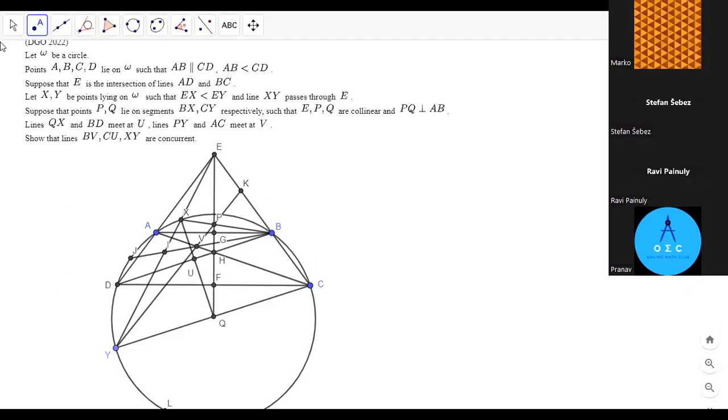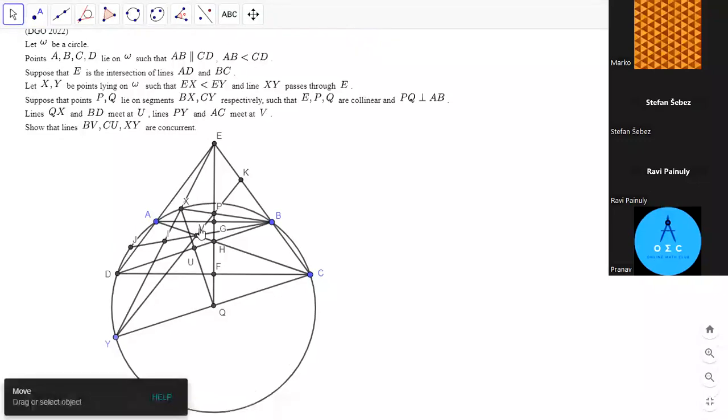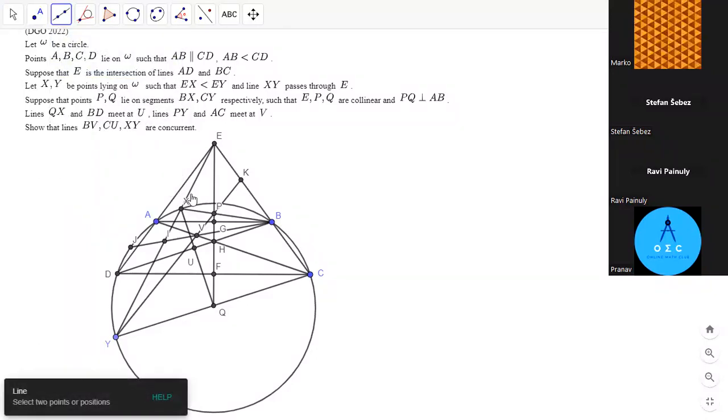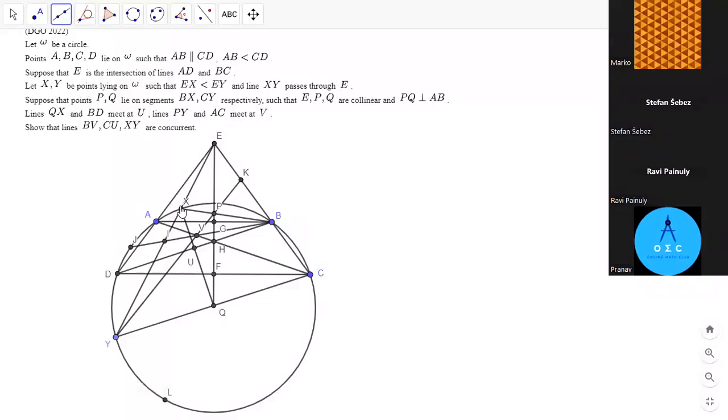XVB and CUY are perspective. So we have XVB and CUY. Let me think about that. Okay, showing that E, V and U are collinear is the same as showing XVB and CUY are perspective. So are you saying we could try extending things and seeing if three points are collinear?